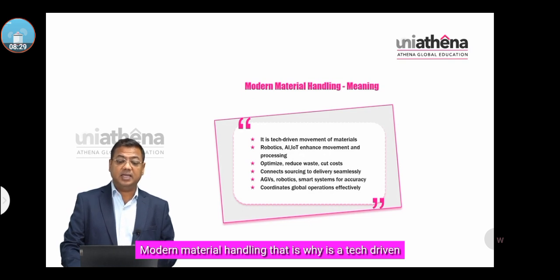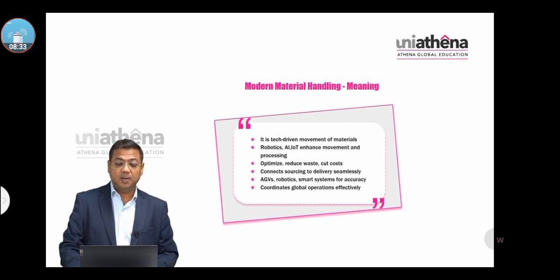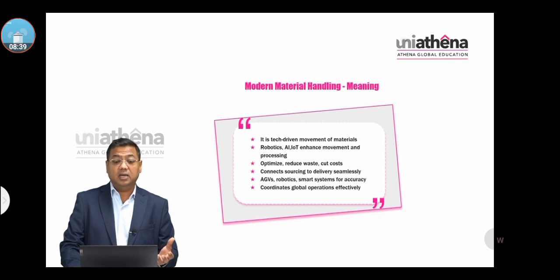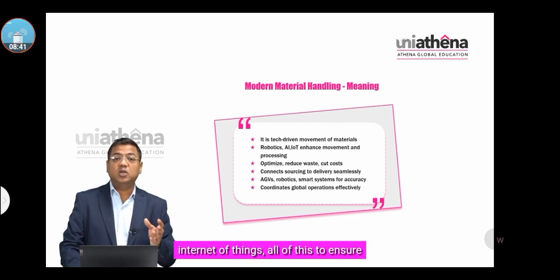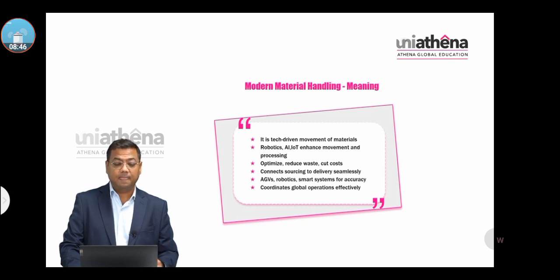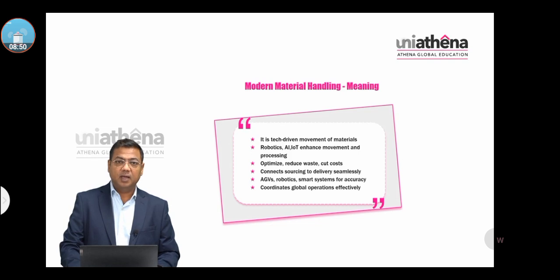Modern material handling, that is why, is a tech driven movement of material from one place to another. Enhanced material handling includes robotics, AI, Internet of Things, all of this to ensure that we do it more efficiently, at the same time do it more safely. It optimizes, reduces waste and cuts costs.